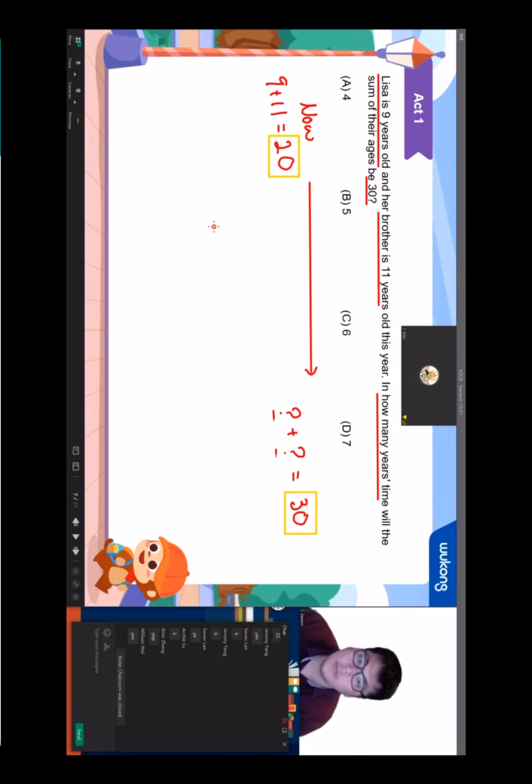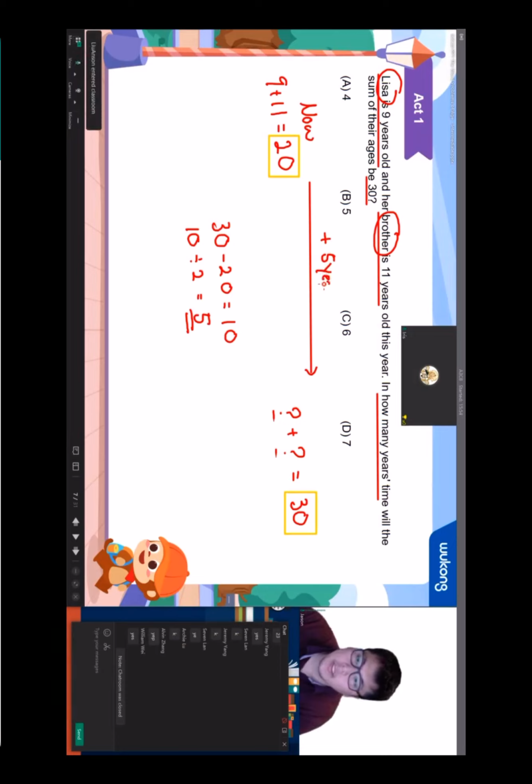All you need to do is find the difference. So what is 30 take away 20, Iris? 10. 10. And now you need to think about how many people do we have? 2. Yeah. 10 divided by 2. Yes, that's it. 10 divided by 2 equals to how much? 5. Yes. So you can see, oh, so that means it's been 5 years.